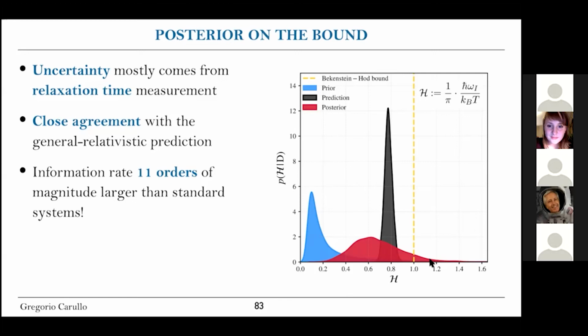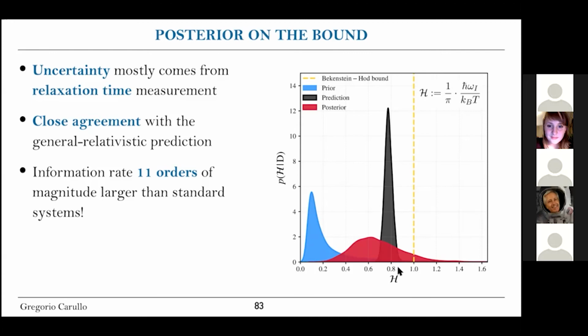But the point you have to realize is that such large values of this distribution are really a reflection of the extraordinary properties of black holes. Because if you would do this measurement for a system which you have in the lab, you would find an information emission rate which is 11 orders of magnitude smaller than this.